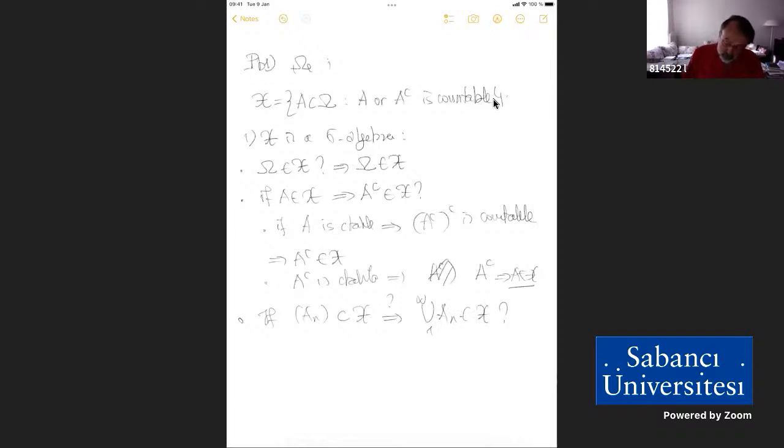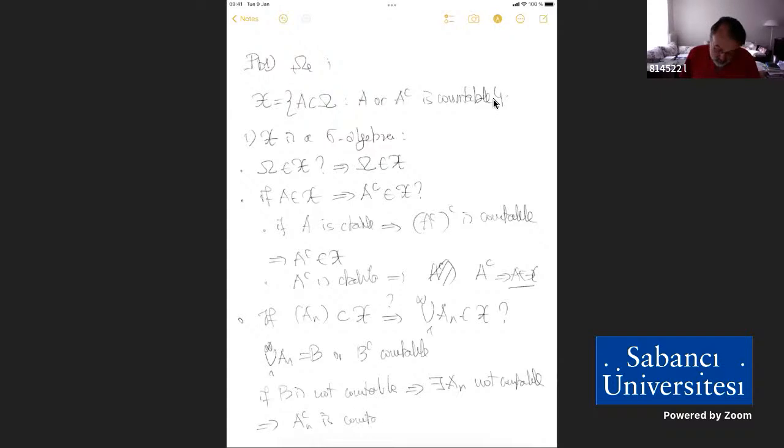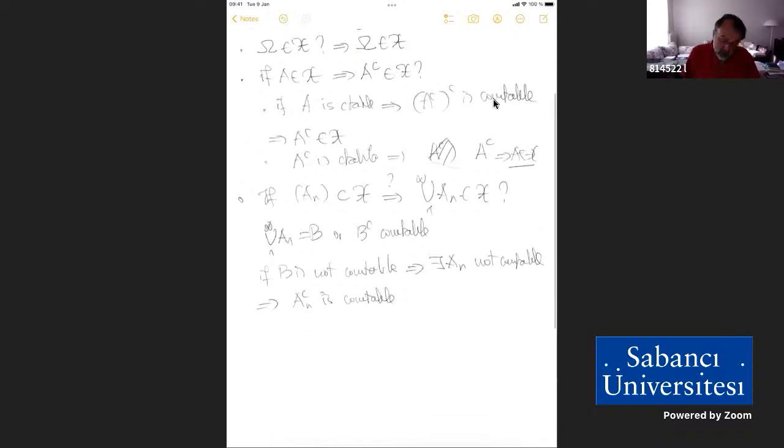Required to prove it means that, let me call this union B, either B or B complement is countable. If B is not countable, then this implies that there exists at least one A_n which is not countable. So this implies what? Let me see.